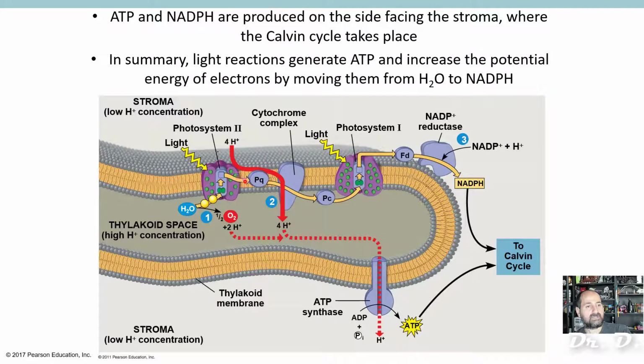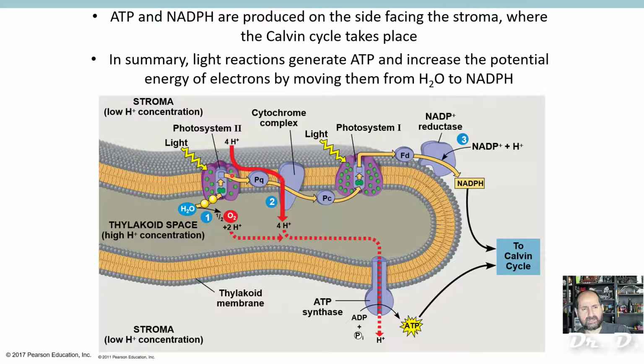And remember, this membrane is the thylakoid membrane in eukaryotes. However, this membrane is the cytoplasmic membrane, the plasma membrane, the cell membrane in prokaryotes.